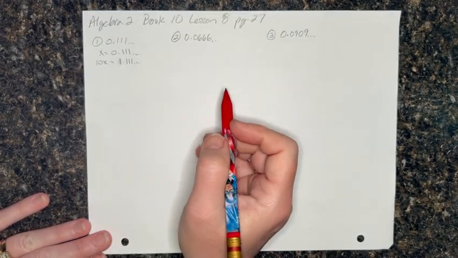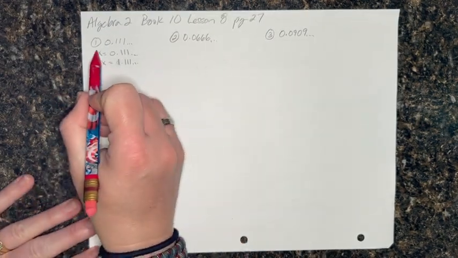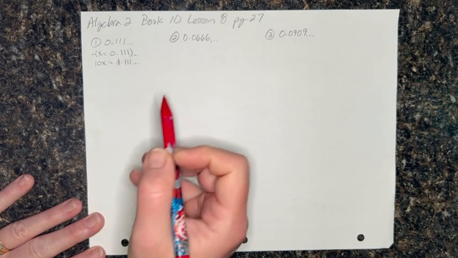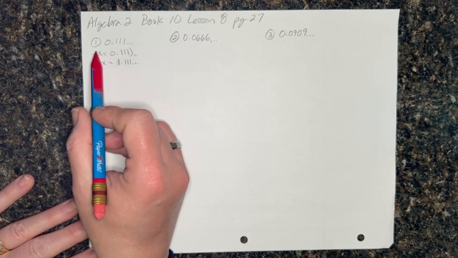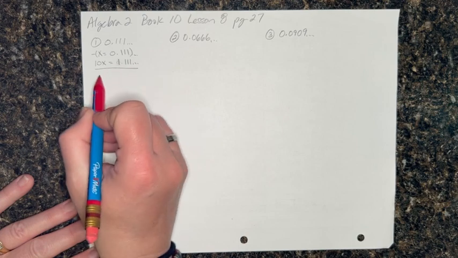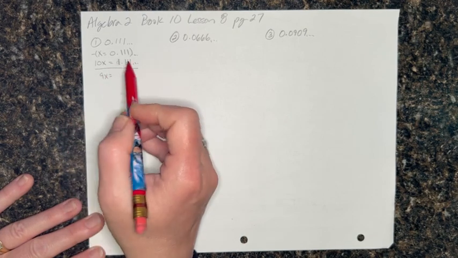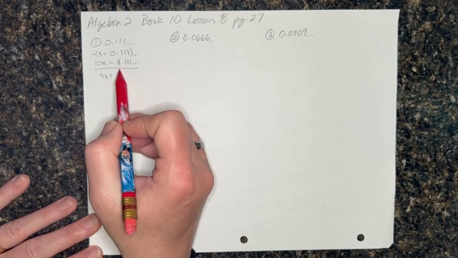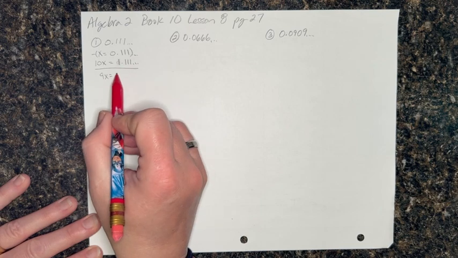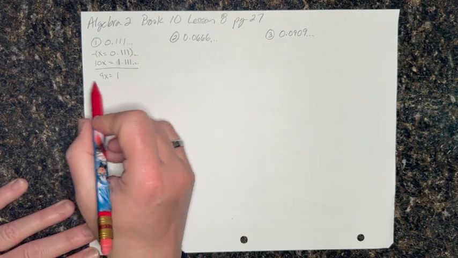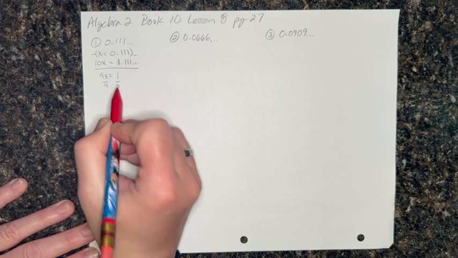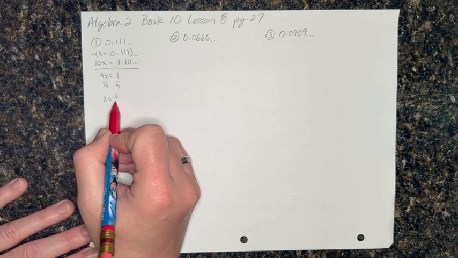And now we subtract them from each other. I'm not going to rewrite all of that, but we're going to subtract this first part. So negative x plus 10 is 9x. Negative 0.1111 plus 1.11111 is just a 1. I'm solving for x by dividing both sides by 9, so x is equal to 1/9.